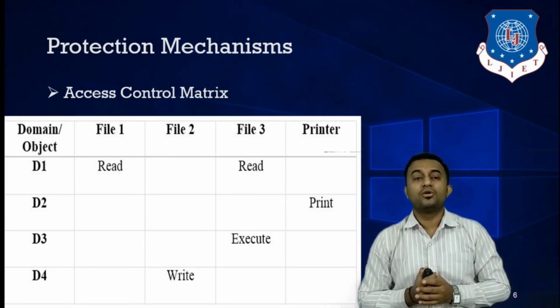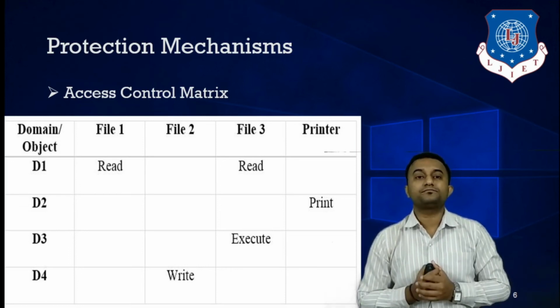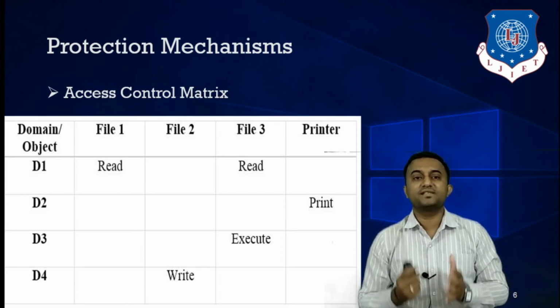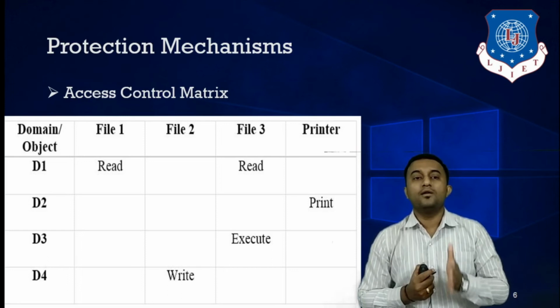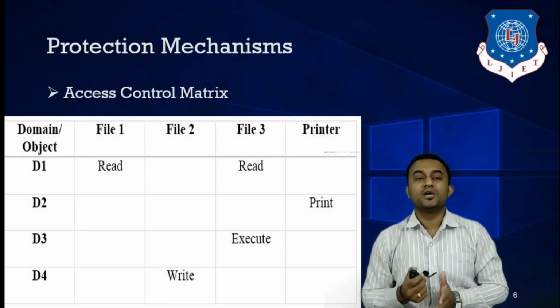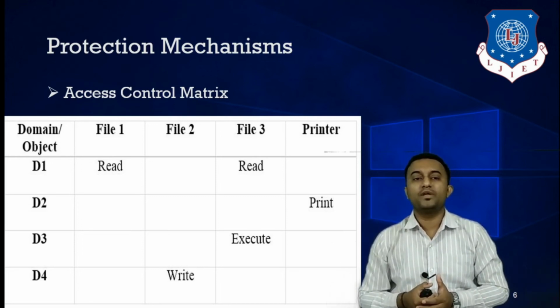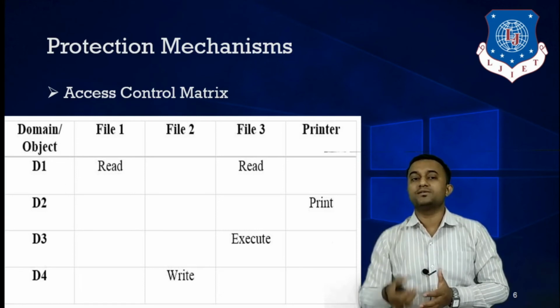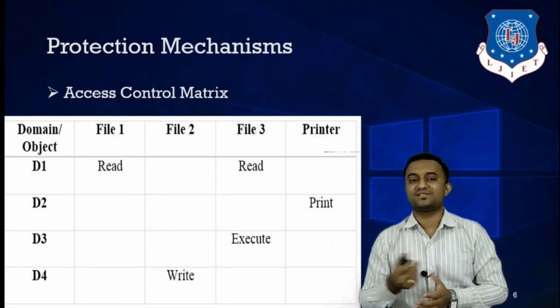Fine. So the administrator will prepare one access control matrix in which there are two fields. One is domain, or subject, and another one is object. You can see in the first column, D1, D2, D3 and D4, these are the different domains, or different users, or different subjects.